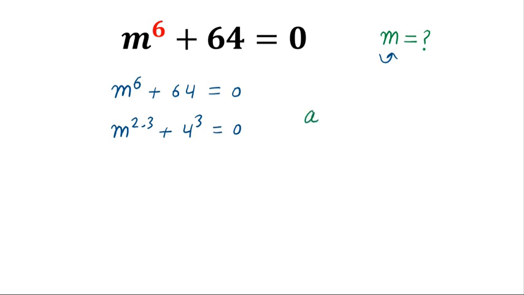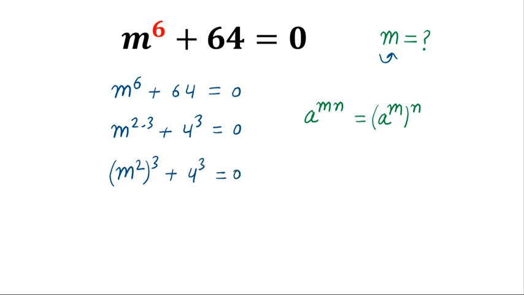We know that a power m times n equals a power m, bracket, power n. According to this rule, we can write this term as m square bracket cube plus 4 cube is equal to 0.